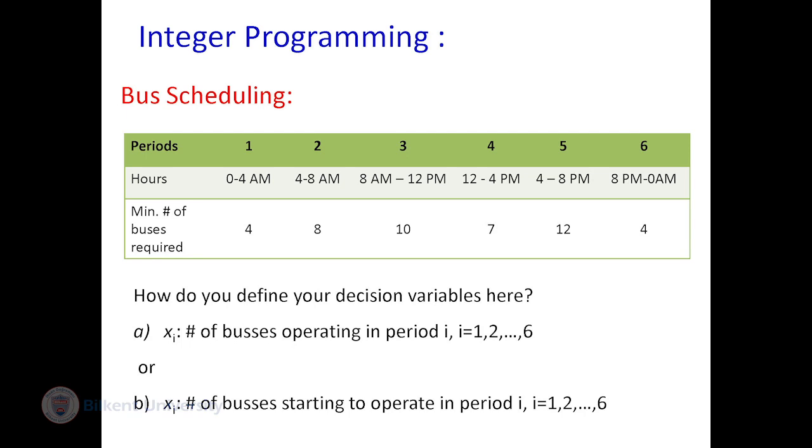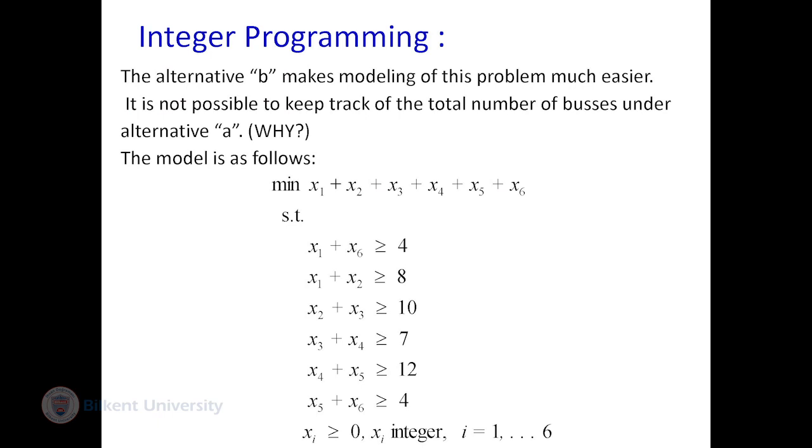For period 2, I need 8 buses. Who are working in period 2? The buses who start working in period 1 and the ones who start working in period 2. Their sum should be at least 8. x2 and x3 should give me 10 because that was the number of buses for that period. x3 and x4, x4 and x5, x5 and x6.